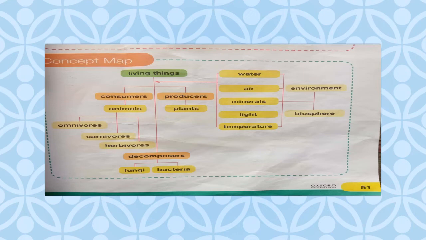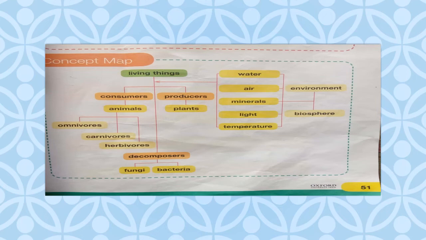Like for example, environment and biosphere is the main topic, and water, air, minerals, and light and temperature, they come under the main topic of environment and biosphere. These five are the part of this topic. Then there is another topic which is living things, right?